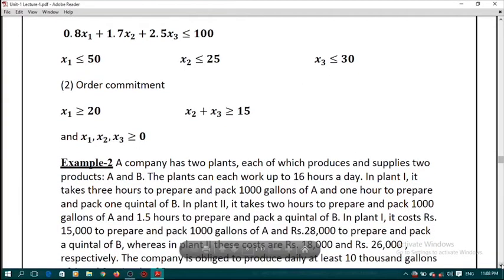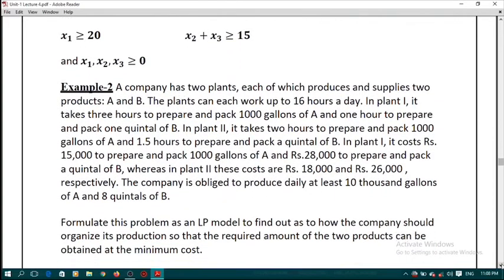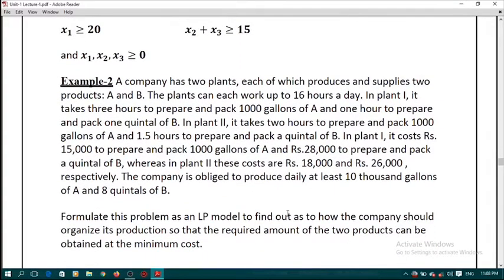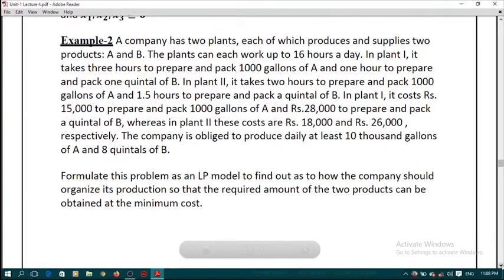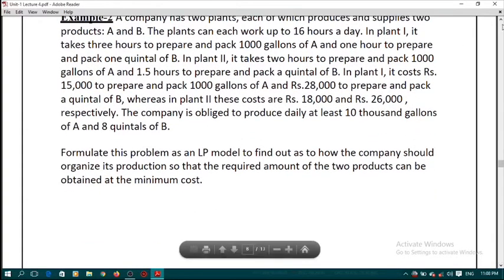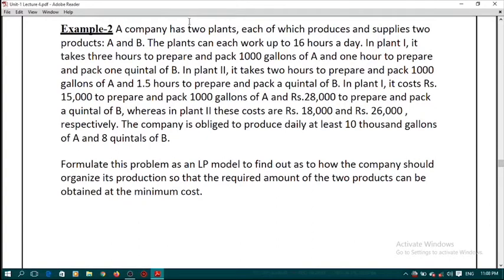Now the next example is: a company has two plants, each of which produces and supplies two products, A and B. The plants can each work up to 16 hours a day.